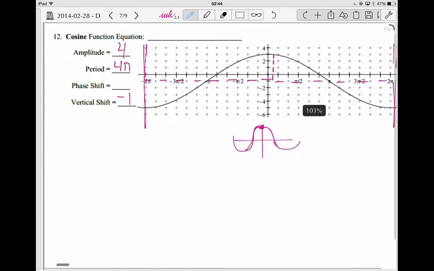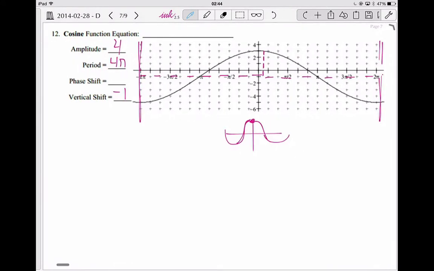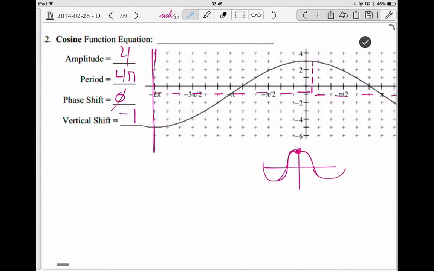And this looks a lot like a droopy mustache too, so I don't have to worry about phase shift. I could scoot it over a whole period and I'd never know the difference, but I'm not going to bother if I don't have to. If the new period is 4 pi, and you get that by taking the original 2 pi and dividing by b, then b must equal 1/2.